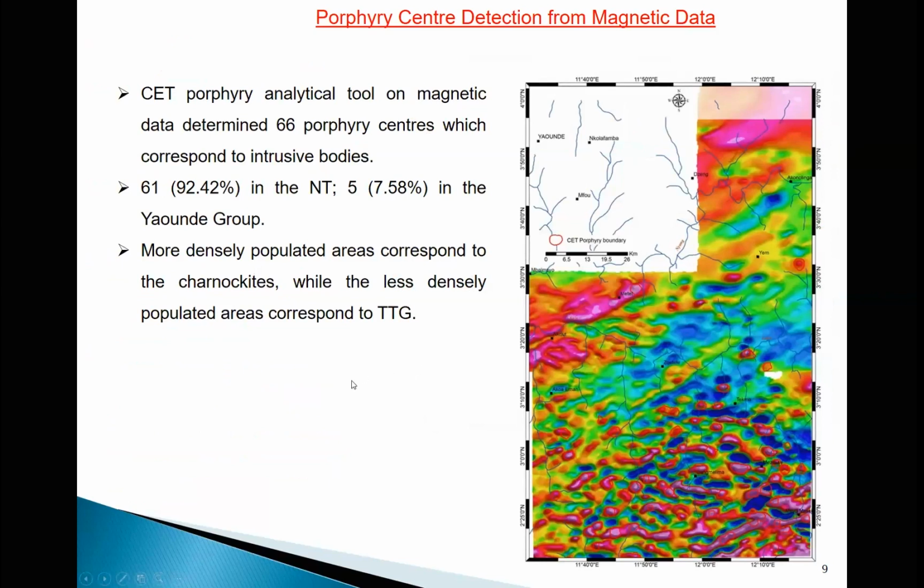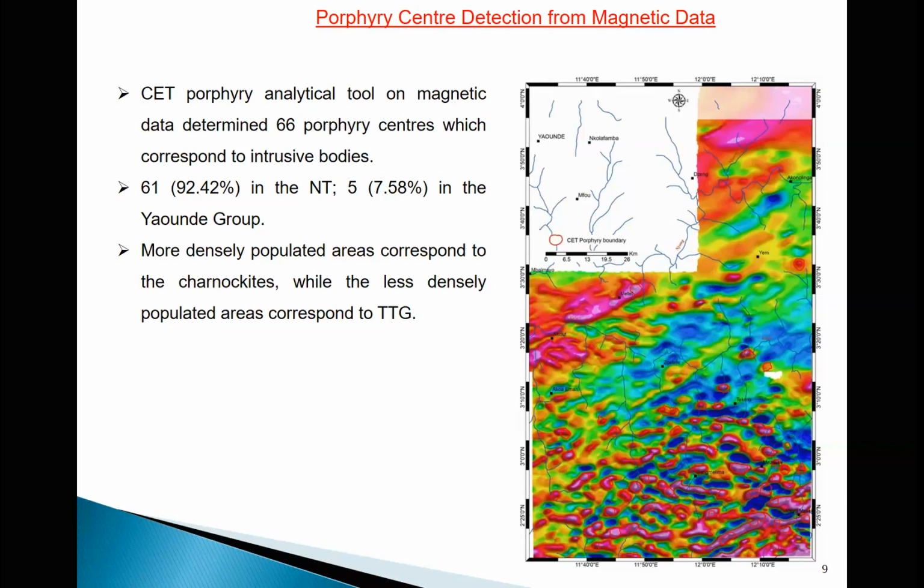So to further prove that, what Asembe and the others did was to also use the Center for Exploration Targeting analytical tool to determine what they call the porphyry centers, using data from the magnetic image that they had. From there, they determined that there were about 66 porphyry centers, which correspond to magnetic bodies, that's magnetic rocks, in this area of the Ntem complex.